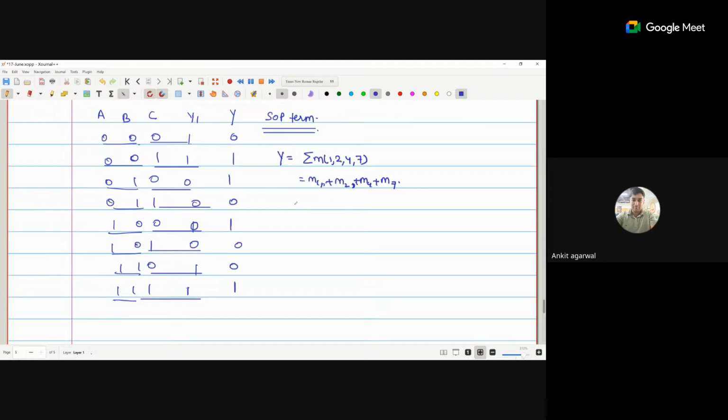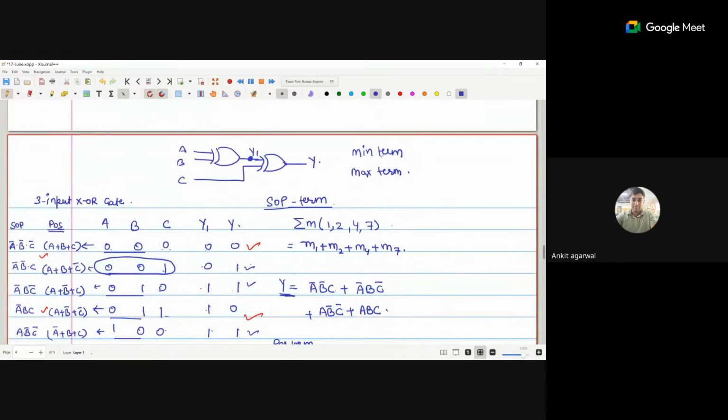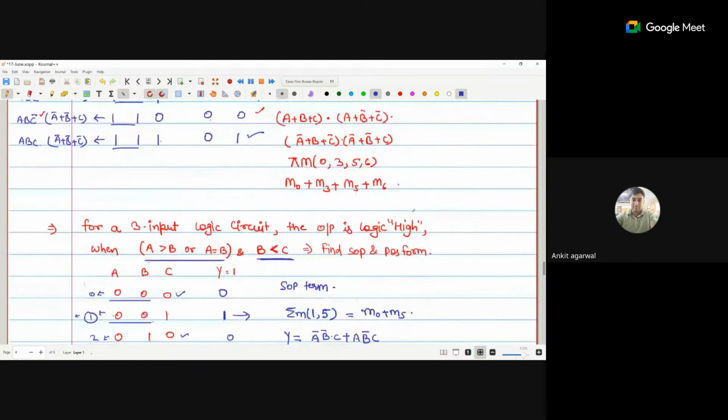Okay. Now if we go with this one, again the SOP terms are 1, 2, 4, 7.